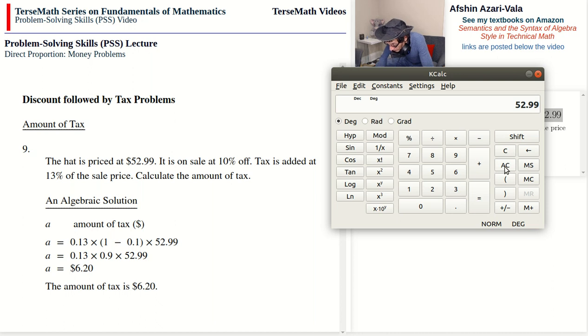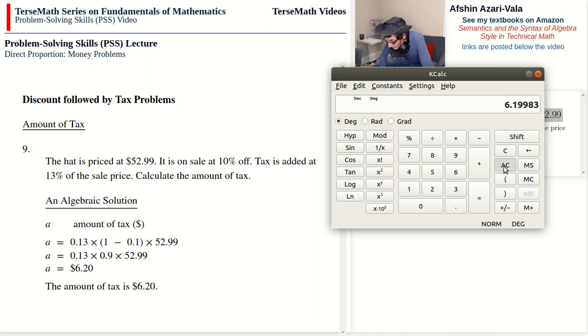So times 0.9, and then you multiply this by 0.13. Now what you see here right now is the sale price, 47.69 if you round it. And we multiply this by 0.13 to find the amount of tax, which is $6.20 after you round.